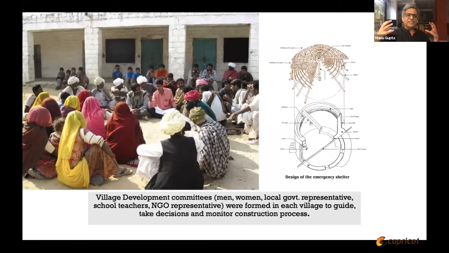There, the traditional housing practices are based on high temperatures, as well as the phenomenon of sandstorms. So the houses are built in a circular fashion. They're called dhanis, if you are from that part of the country. And they have very thick adobe walls, which allow for insulation.